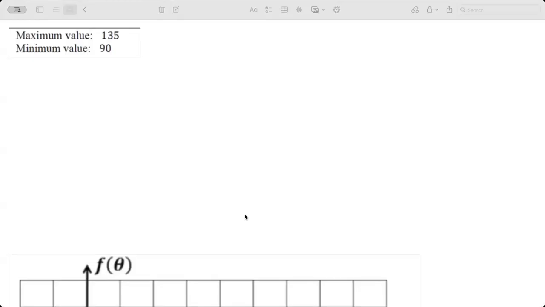Midline and amplitude, yes. Remember, midline is the average of max and min. Amplitude is the difference between max and min divided by 2. Midline is the sum of max and min divided by 2.